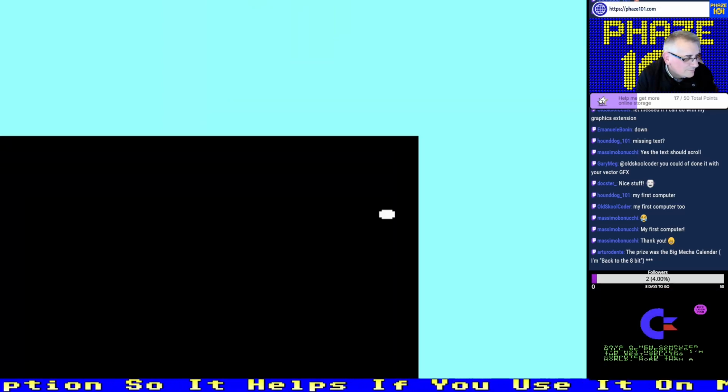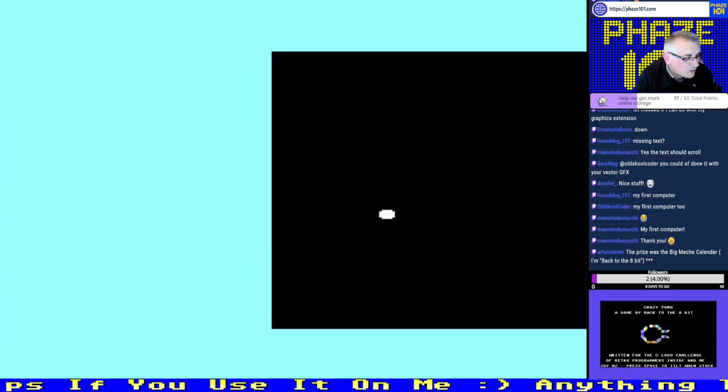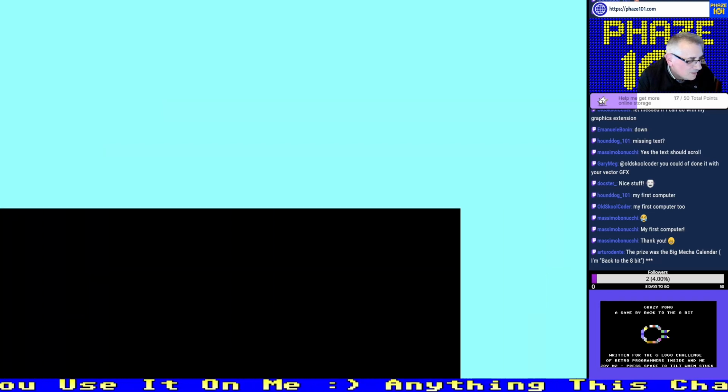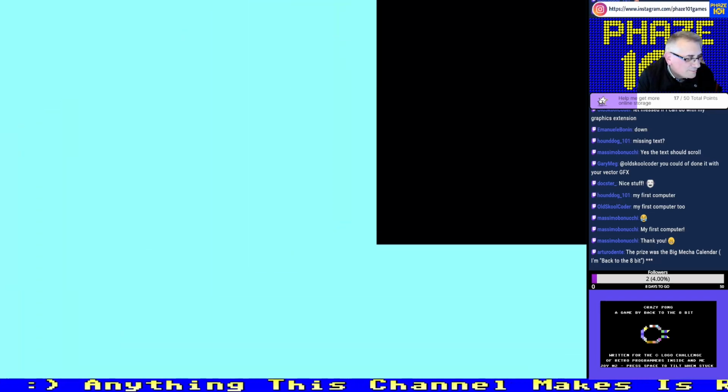And there you go. Instead of the ball moving, we move the box. Very original.